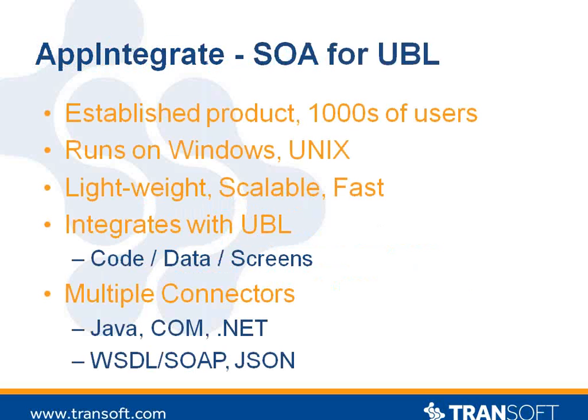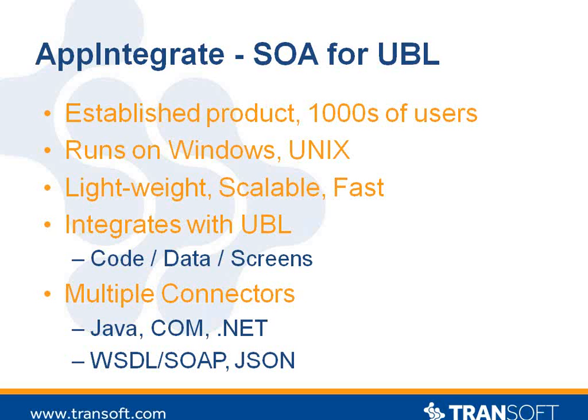Okay, so the key to the whole solution here is to use AppIntegrated, which is our service-oriented architecture product. It's an established product, thousands of users worldwide, runs on Unix and Windows. It's lightweight, scalable, fast. It integrates with UBL via special built-in commands, and it has multiple connectors.